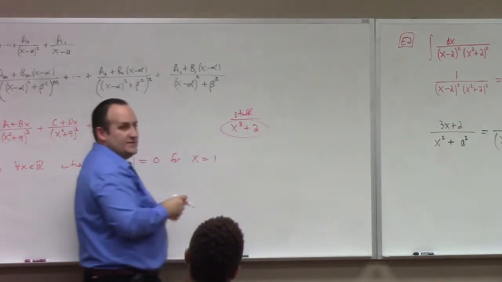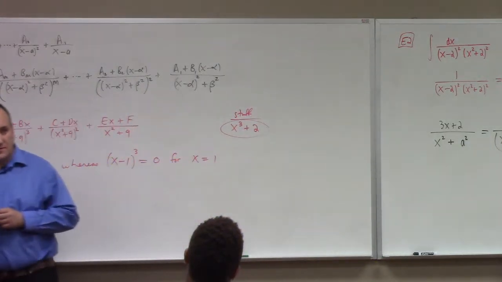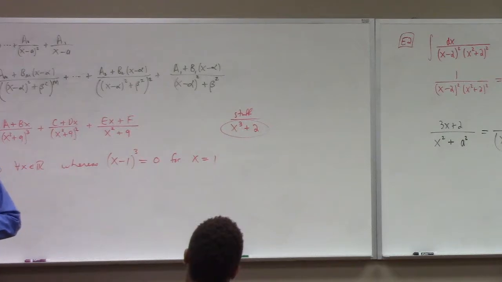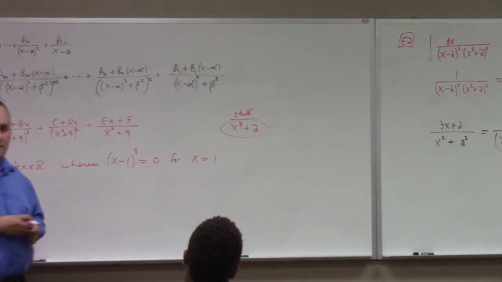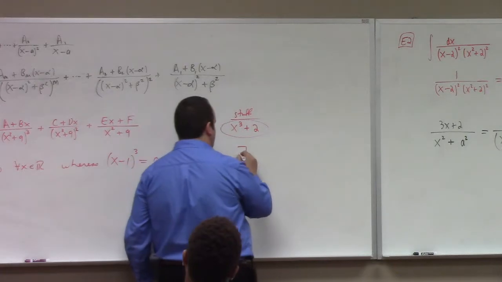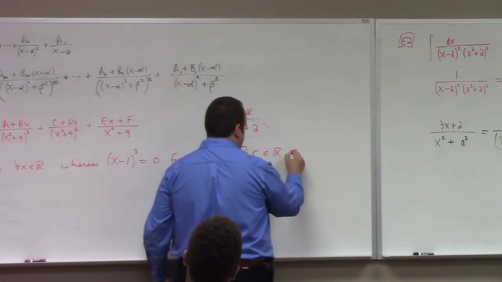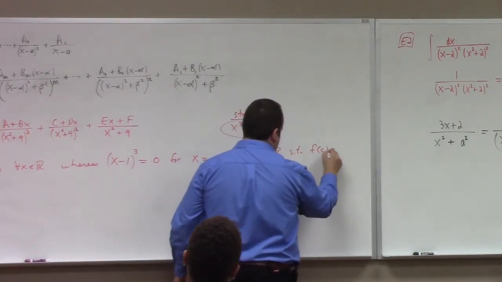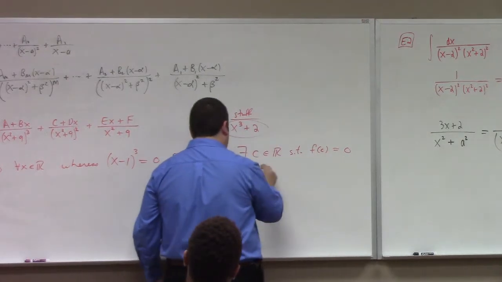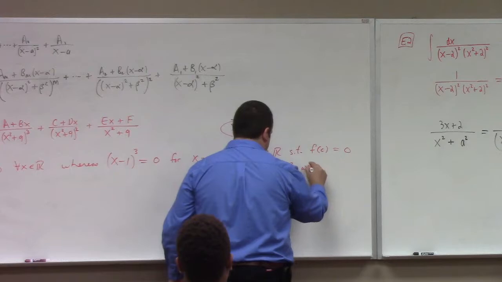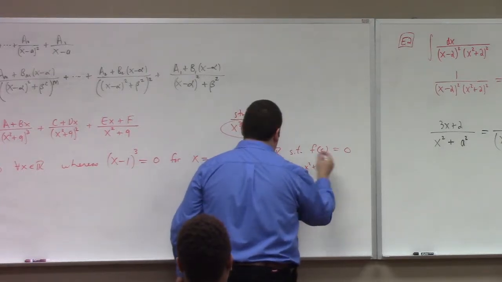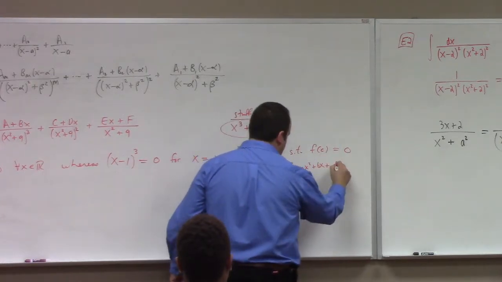So what's the thing about a cubic? Any real cubic, what can we say about it? It's an odd function, right? If you graph it, it crosses the x-axis somewhere. So there exists c in the reals such that f of c is equal to 0 for f of x equal to x cubed plus ax squared plus bx plus d.